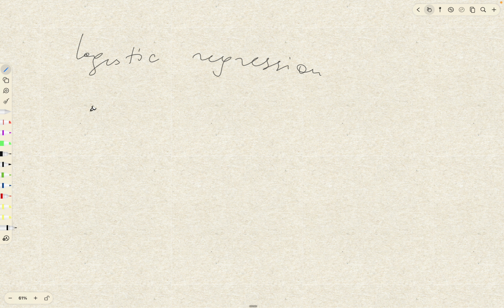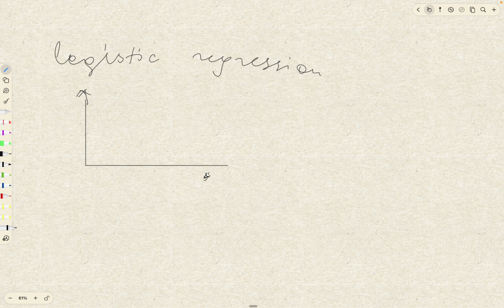If we draw the function of linear regression, let's say we have a data set and we have just one feature that affects the outcome. Let's say we have one feature, and that's the weight of a person, and the outcome is whether this person is obese or not.